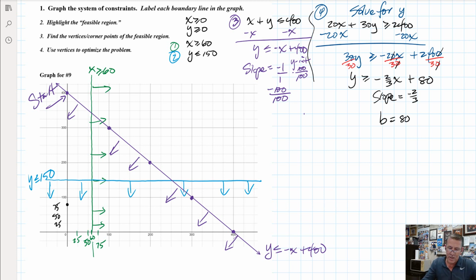So we got to be careful on this one. Well, I can multiply the slope by 40/40ths, and that will help me. That'll give you negative 80 over 120. So I go down 80, right 120. So down 80, right 120, right about here. That's close enough for government work, as they say.